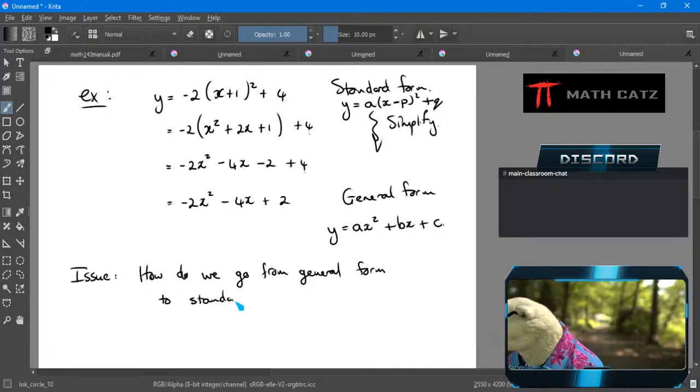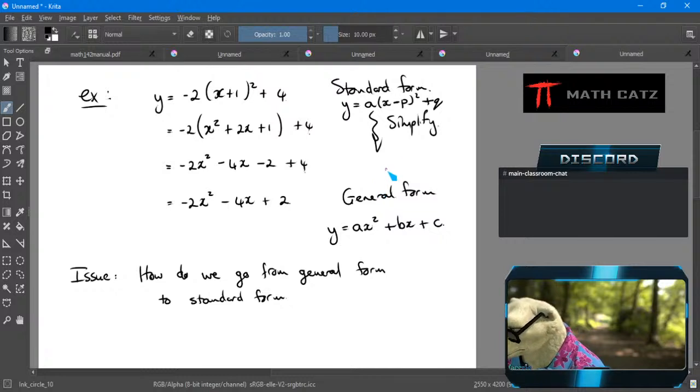Standard form is nice, right? I see the transformations. If I have it in standard form, I can see my chain of transformations, I can manipulate the graph. Everything is super nice. But if I'm given a quadratic function in this general form, how do I sort of reverse this simplification to get back to the standard form?